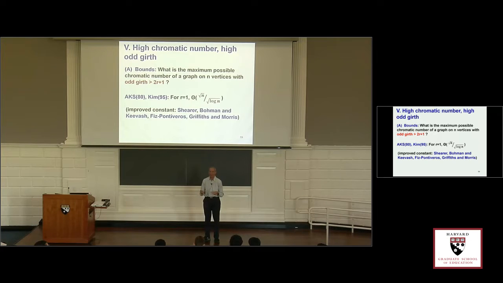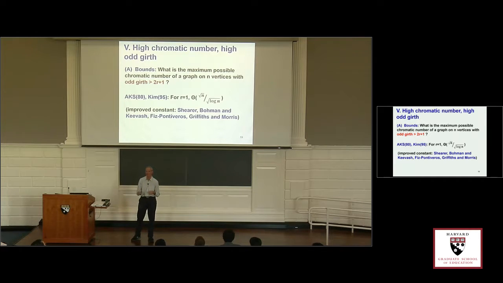And so the first one will refer to bounds. What we want to ask is: what is the maximum possible chromatic number of a graph on N vertices with odd girth bigger than 2r plus 1? Right? So no odd cycle of length at most 2r plus 1. When r is 1, this is just triangle free.